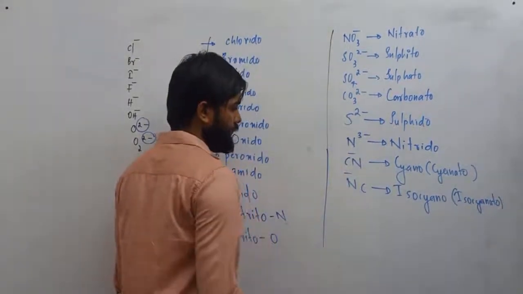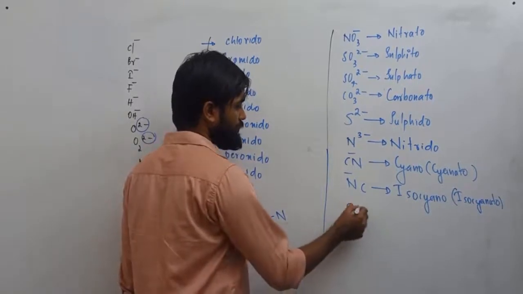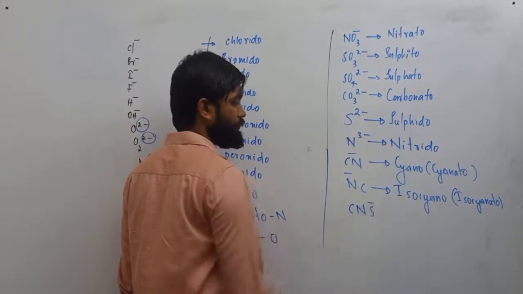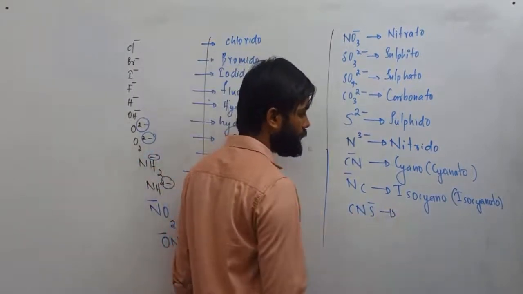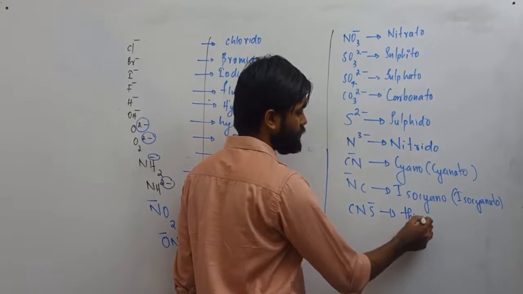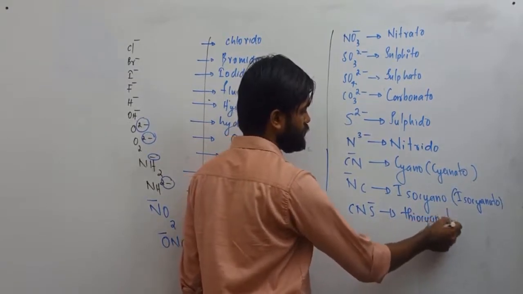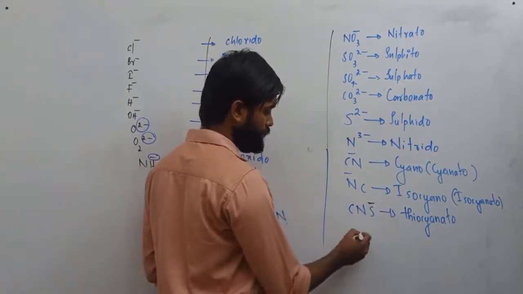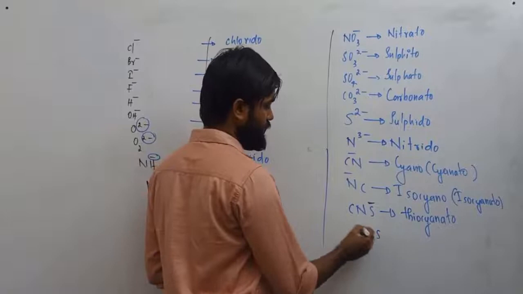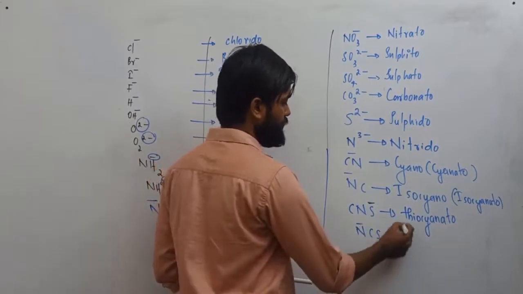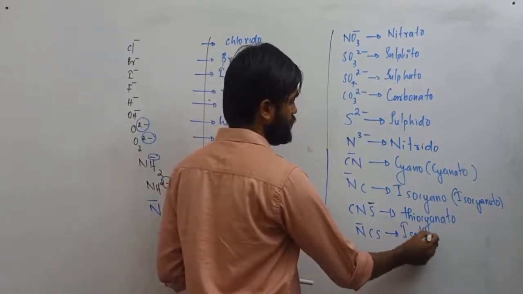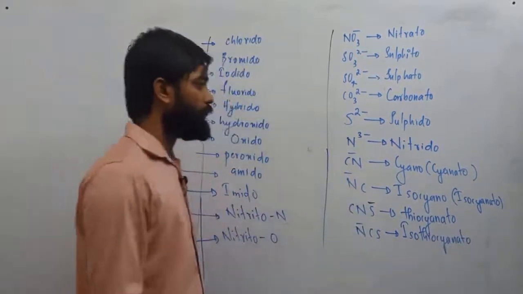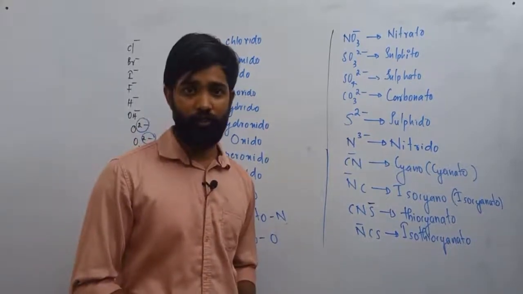Next is SCN minus, thiocyanato, since the donor is sulfur. And the next is NCS minus, isothiocyanato. These all are generally monodentate charged ligands.